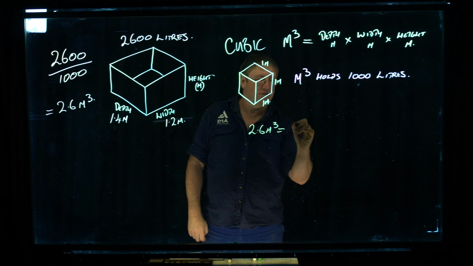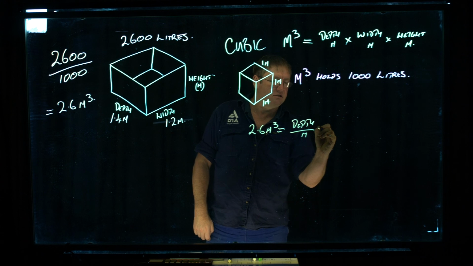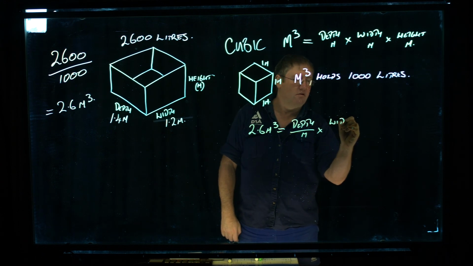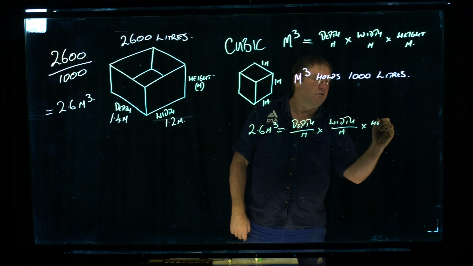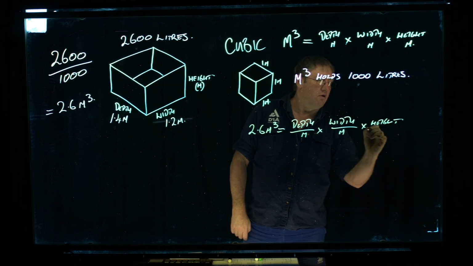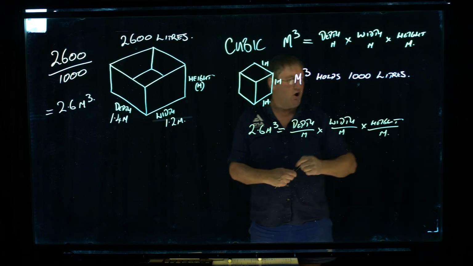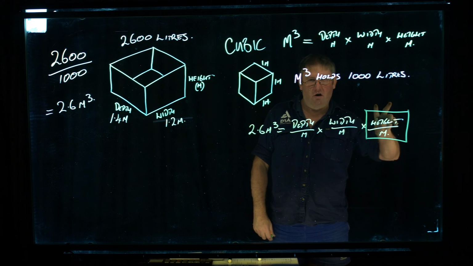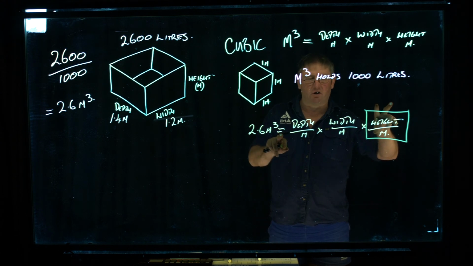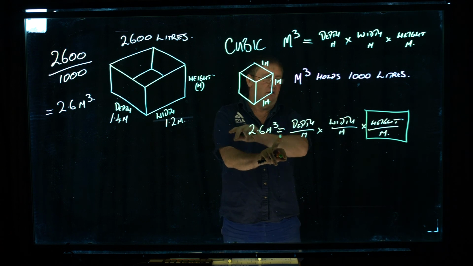It is comprised of the depth in metres times the width in metres times the height. What we are missing is the height, and that's what we're trying to determine. So we want the height on one side of the equal sign, and we want everything else over to the other side of the equal sign.